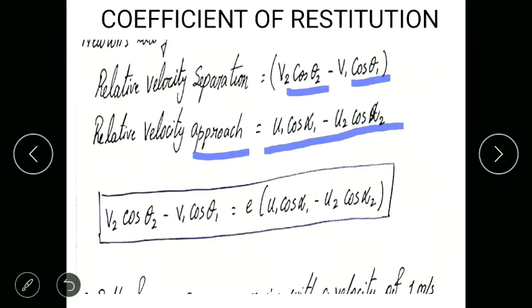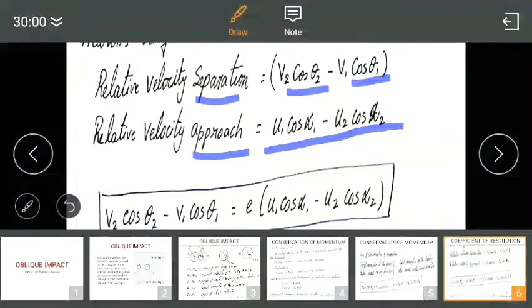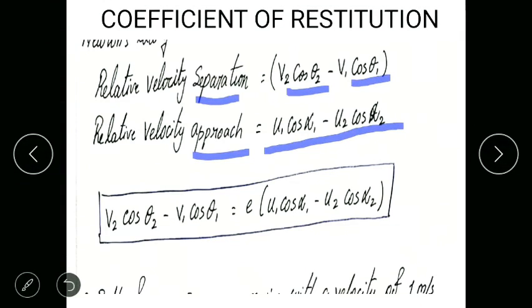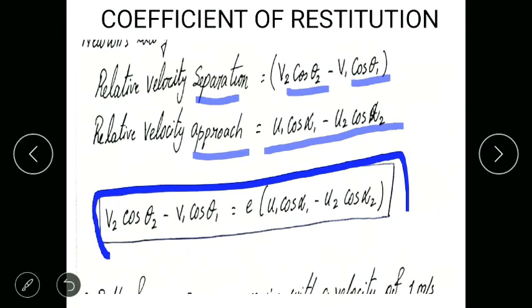The coefficient of restitution is the ratio between the relative velocity of separation and the relative velocity of approach. So we get v2 cos theta 2 minus v1 cos theta 1 equal to e into u1 cos alpha 1 minus u2 cos alpha 2.